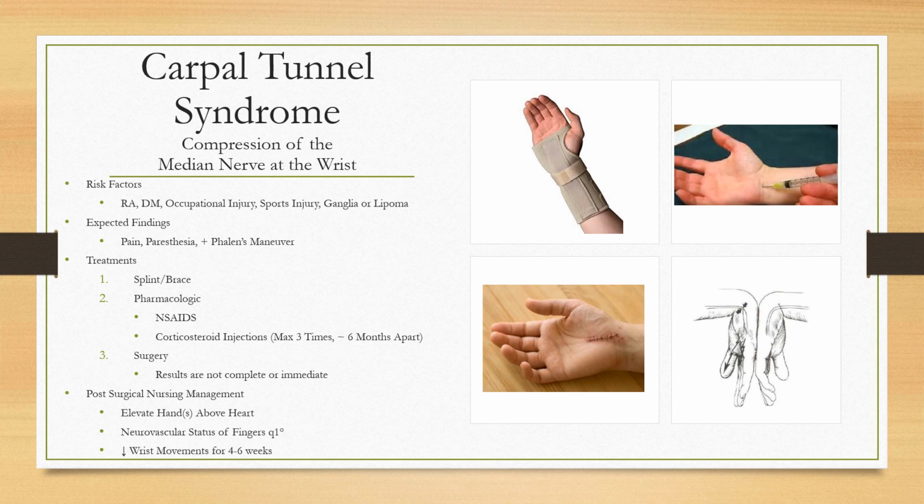Okay, so I'm not including the thumb as a finger. To avoid confusion here, let's call them all digits. So your thumb is the first digit, your index is the second digit. So you have numbness to part of the thumb, your index finger, your middle finger, and half of your ring finger is where you get the paresthesia of carpal tunnel syndrome.